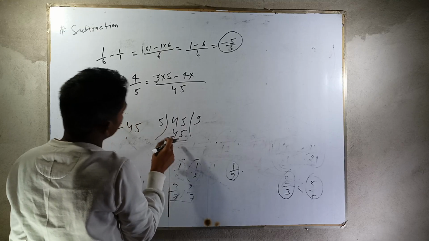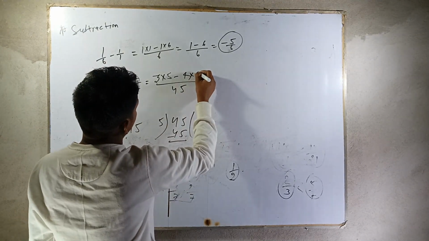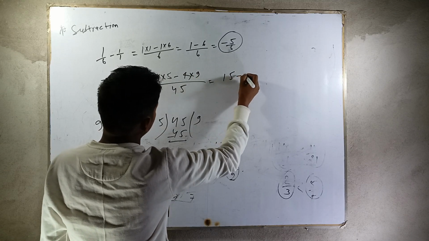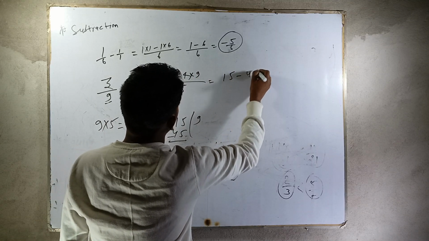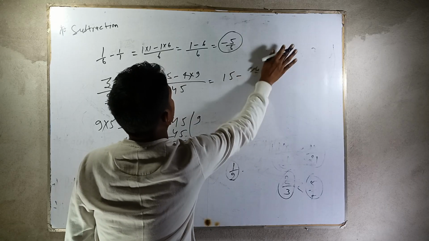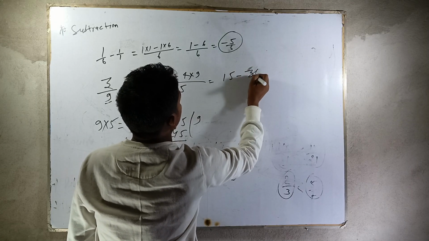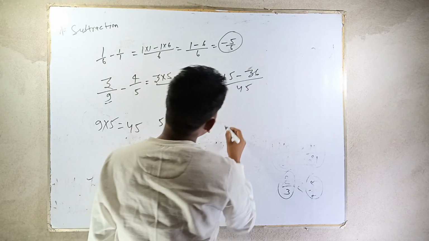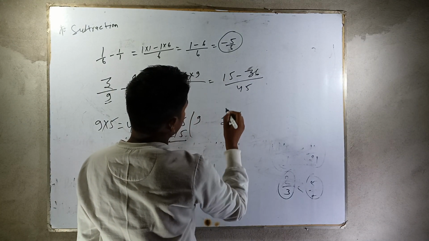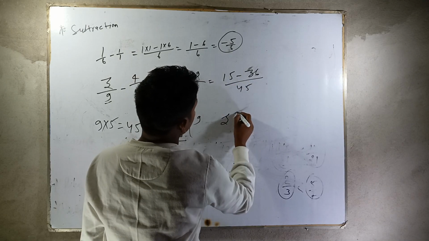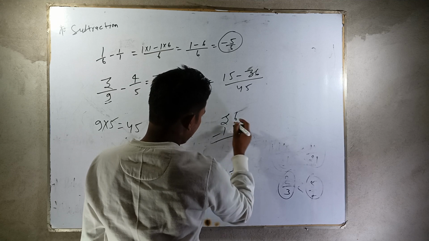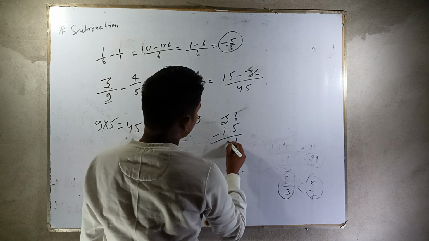In this way I multiply: 15 minus 4 times 9, which is 36, over 45. If I subtract, it is minus 1, that means 1 and 2.